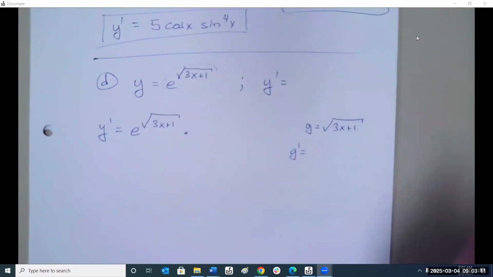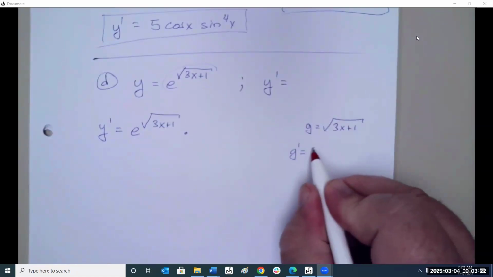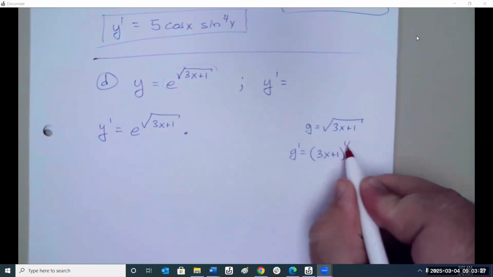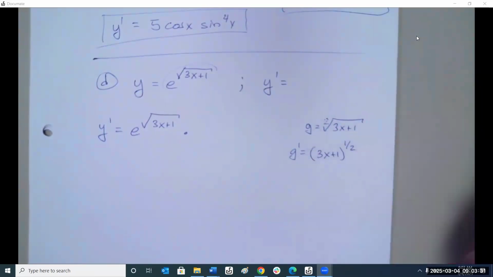Well, first off, we have to rewrite it. How do we rewrite it as an exponential? So the root is equal to a power of 1/2. Since there's an invisible 2 there, that's the root, that's the denominator.